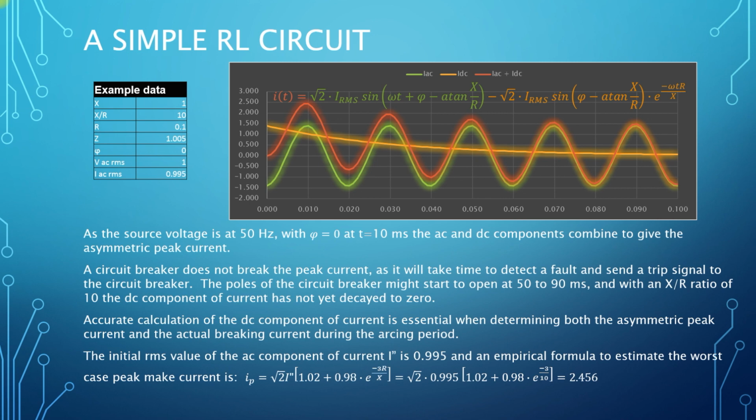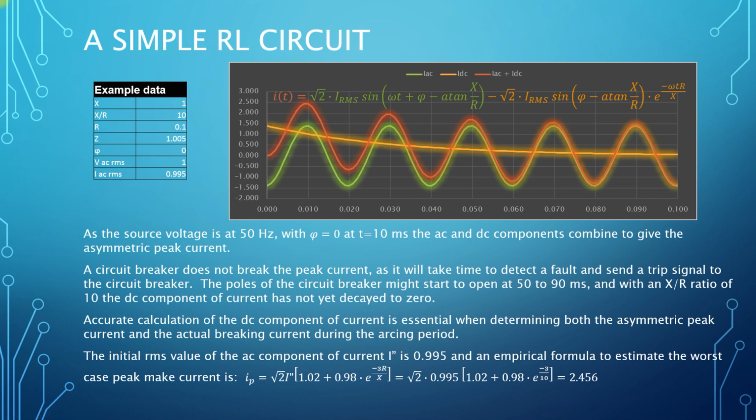We've switched or applied the fault at voltage 0. So at 10 milliseconds, or half a cycle into the fault, we get the maximum instantaneous current. So this is the AC waveform with the maximum DC offset.